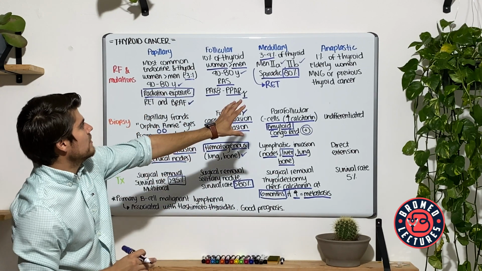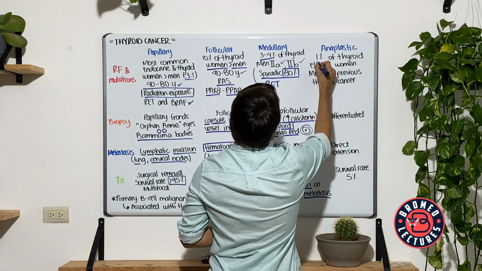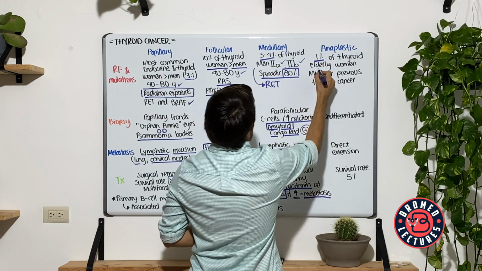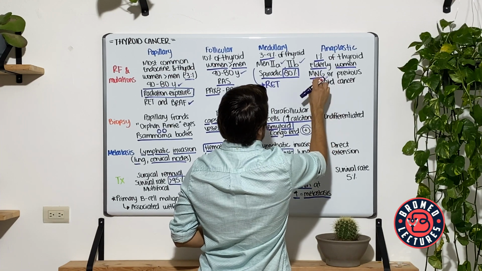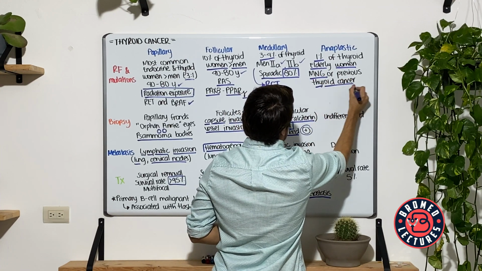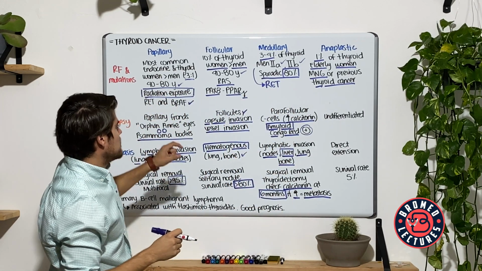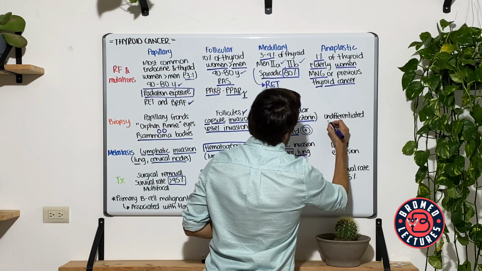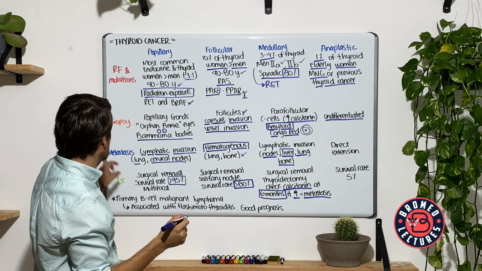And now the last one, the anaplastic one, this one's pretty rare, 1% only. It usually presents in elderly women that had a previous multinodular goiter or thyroid cancer, okay? So they have that as a history. The biopsy, as the name says, undifferentiated cells, undifferentiated tissue.